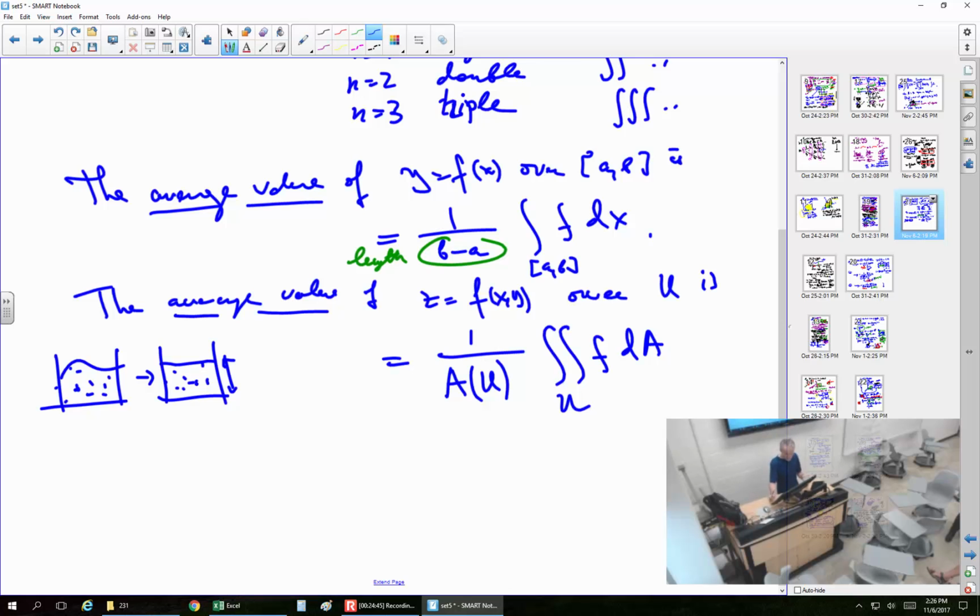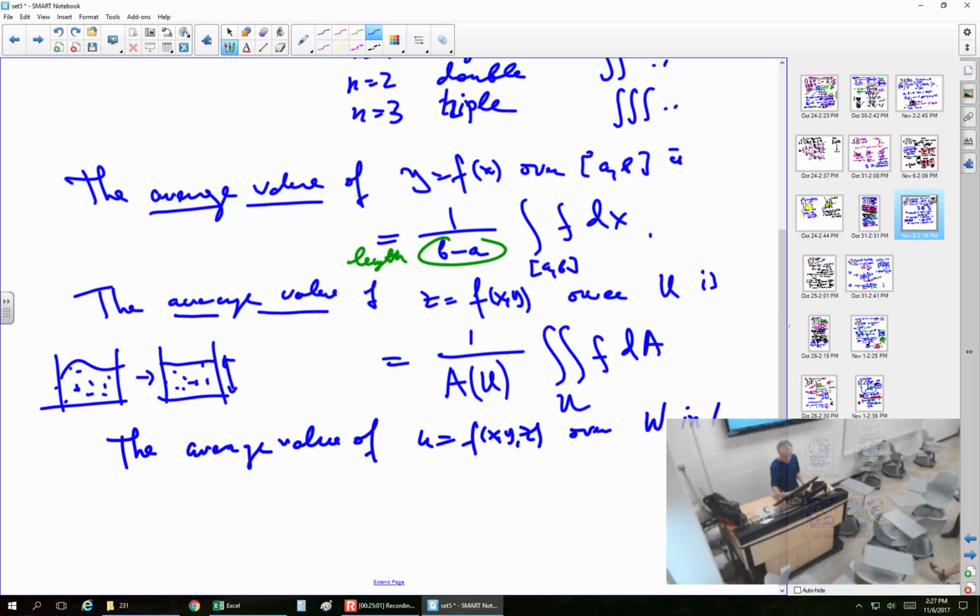And then you keep going, and you have the average value of three variables. U is equal to f of x, y, z over say W in R3.